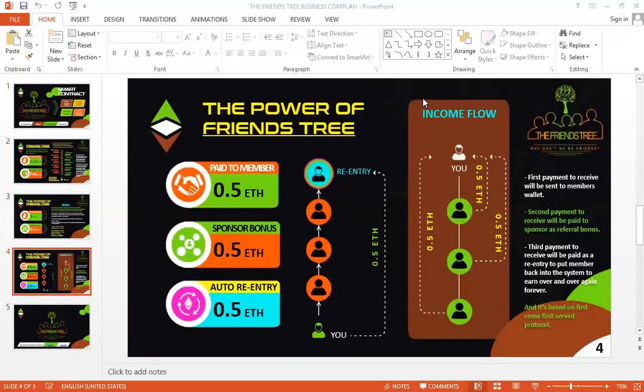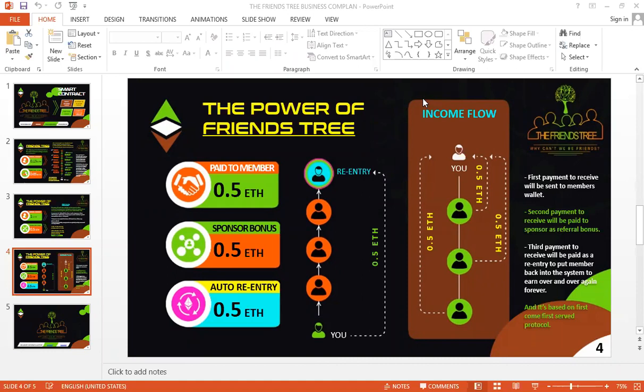The more people we get into the Power of Friendship, the faster we will see the system move, and the auto re-entry will also do its job. We will see faster results. Everything will move super fast, but it needs more people engaged and contributing to the cause and the power of friendship.